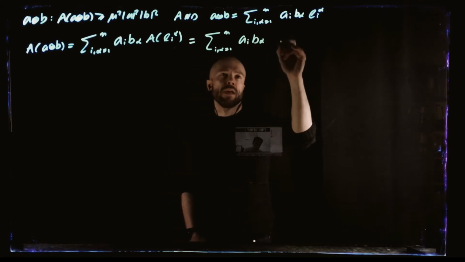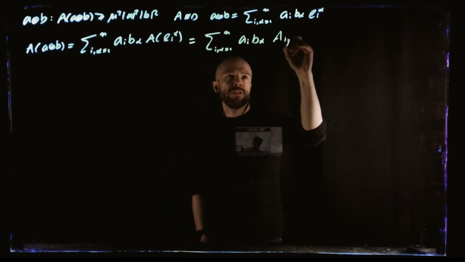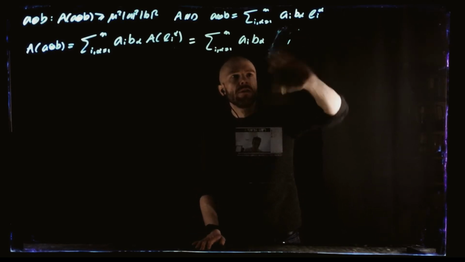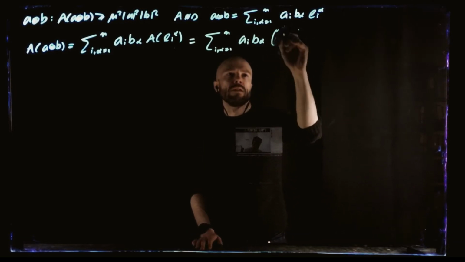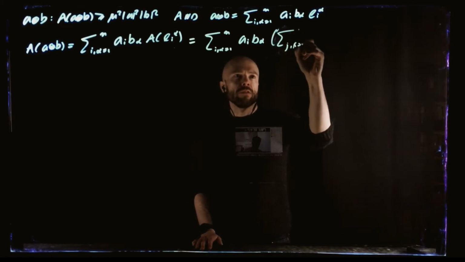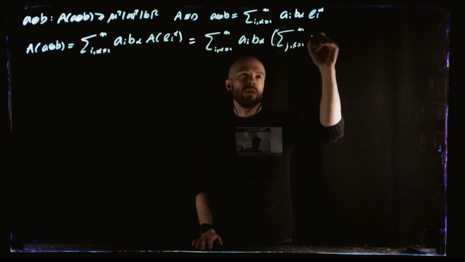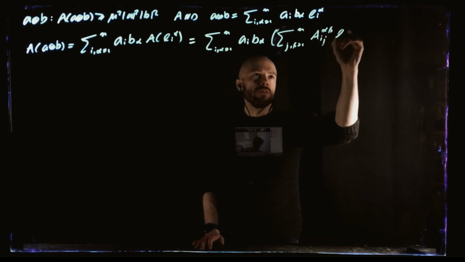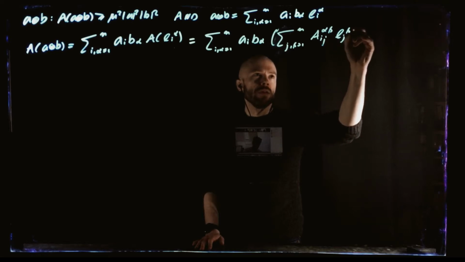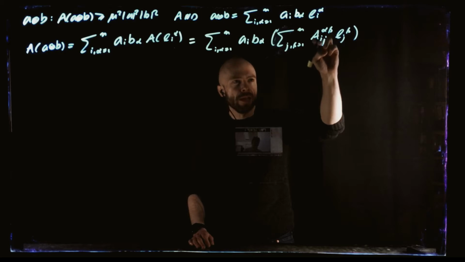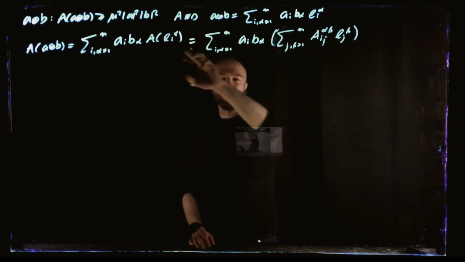Here we're going to have Aij, and I've got to do the summation, the sum of j beta equals 1 up to n of Aij alpha beta of Ej beta, just using what these Aij alpha beta are defined to be.